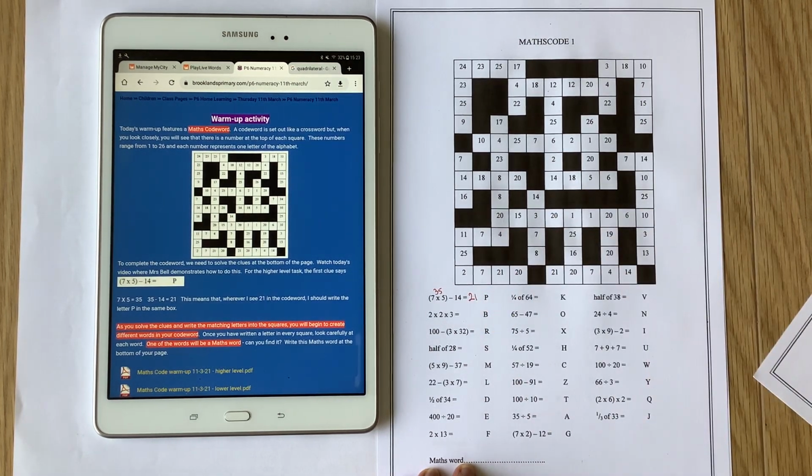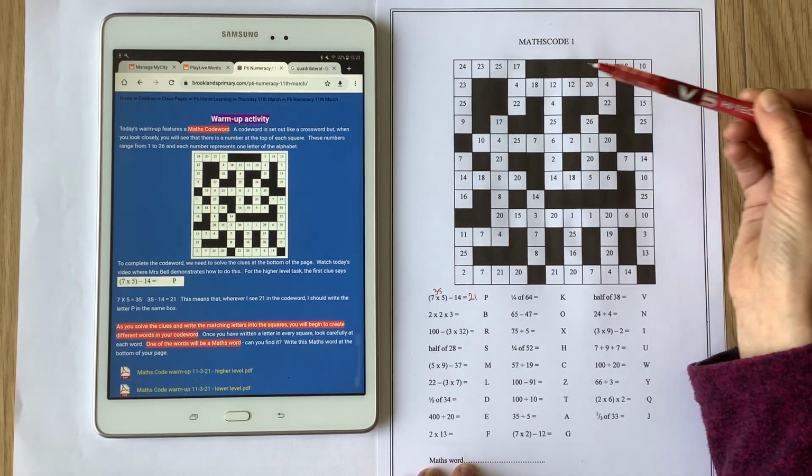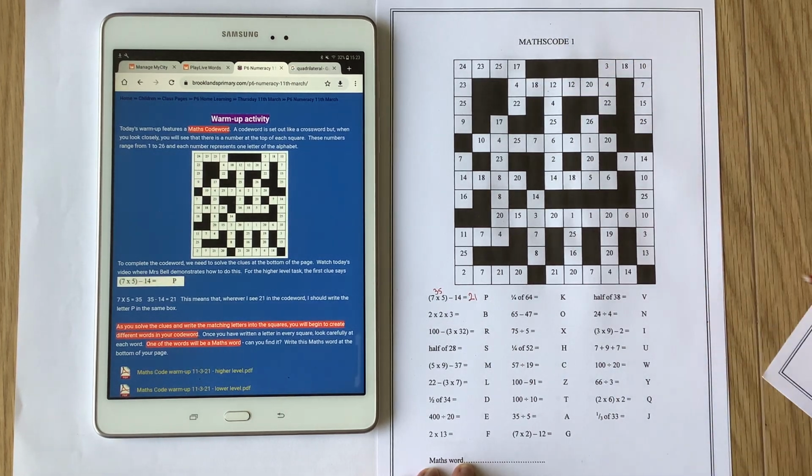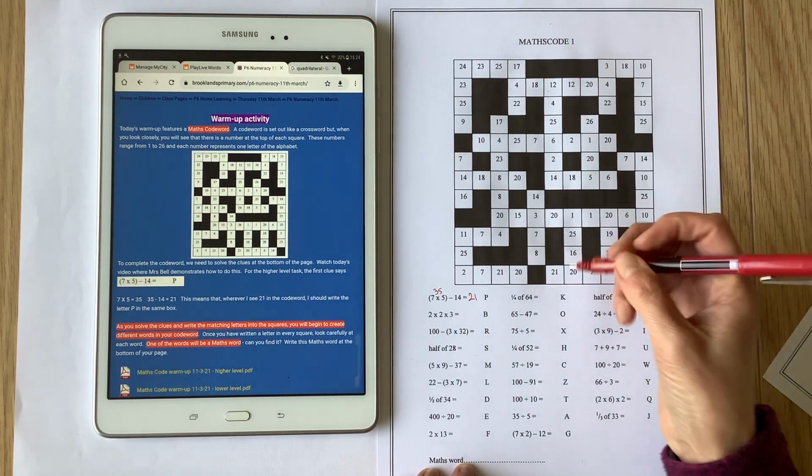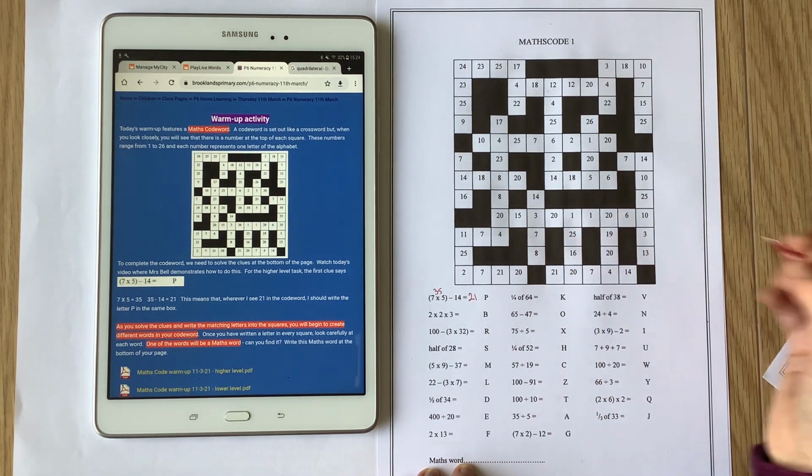Now, can you see the number 21 anywhere inside our maths code? So scan through it, and what you're looking for is the number 21. Have you managed to spot it anywhere? Well, I can see the number 21 there.